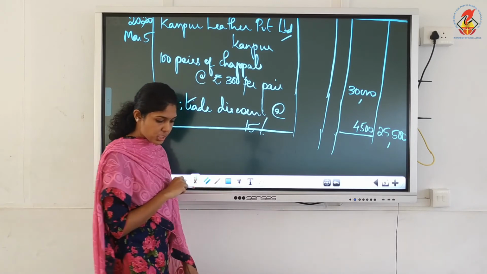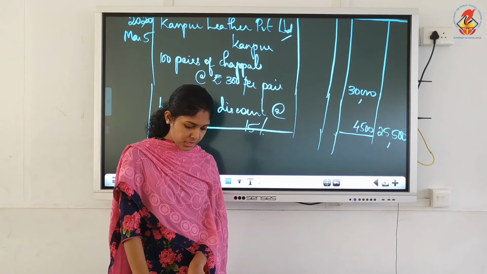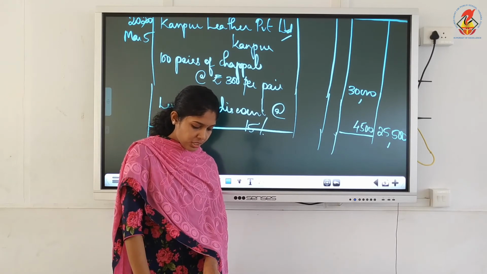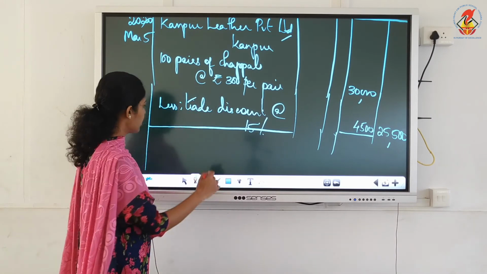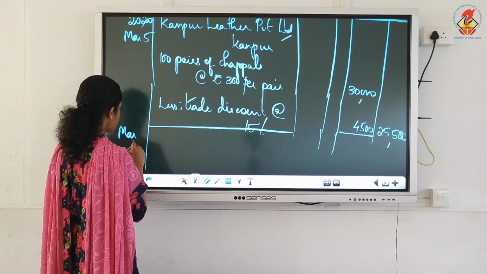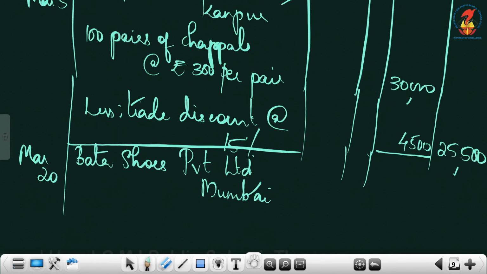Then the next transaction, March 12th, we already recorded in sales return or returns inward book. After that, we have returned to Bata Shoes Private Limited, Mumbai. So write March 20th, Bata Shoes Private Limited, Mumbai. 100 pairs.